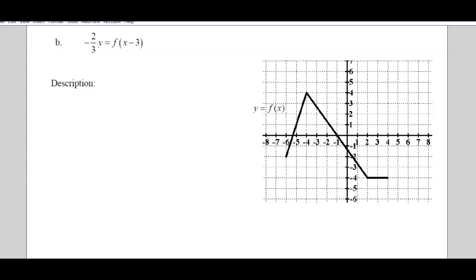Okay, and again, you can solve for y, but you don't need to. This coefficient of y is -2/3. So in terms of y, there's a vertical stretch. Now, because we've replaced y with 2/3 y, we have to take the reciprocal of that. Negative is a reflection.